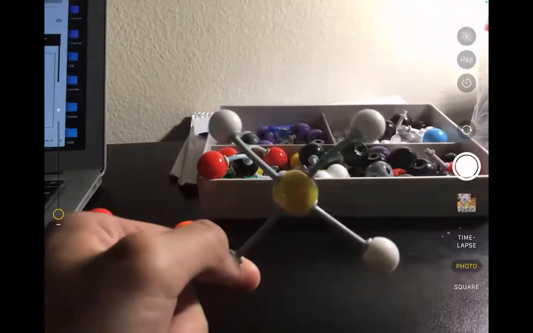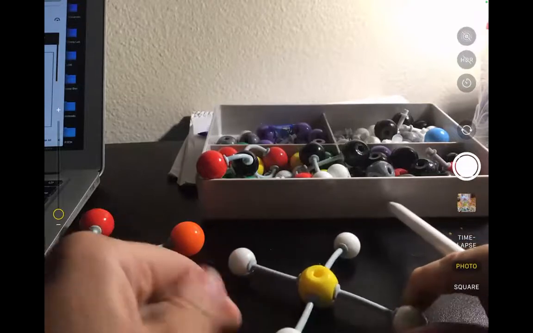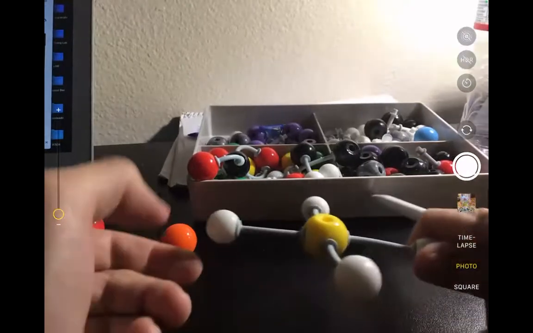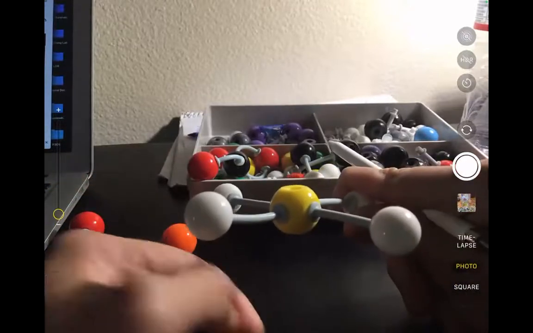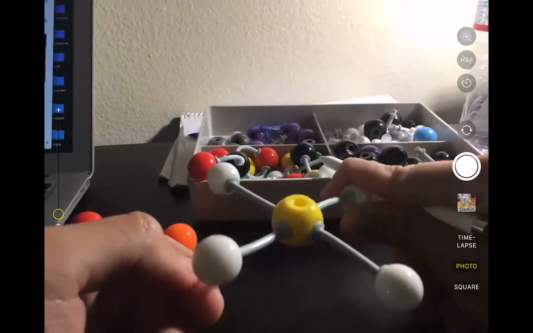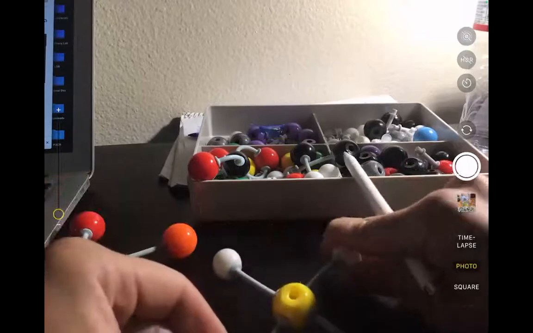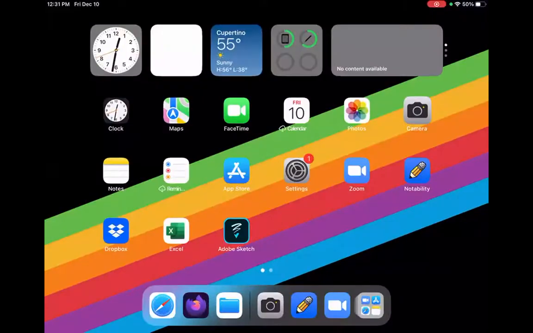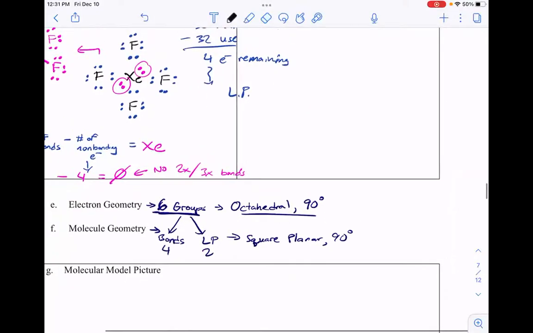Okay. So once again, just choose one perspective and take a picture of that and then represent that in your 3D sketch. So for me, I'm actually going to represent it in this fashion where I don't have any normal lines. I have 2 wedged and 2 dashed. Okay. So here's my xenon. This is xenon.